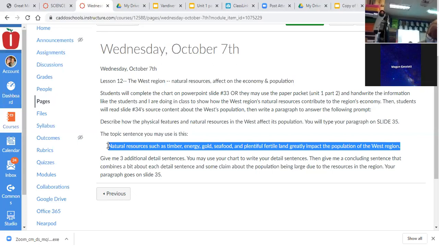Notice the title of the region, West, is capitalized. The word region is not capitalized. Yes, correct.